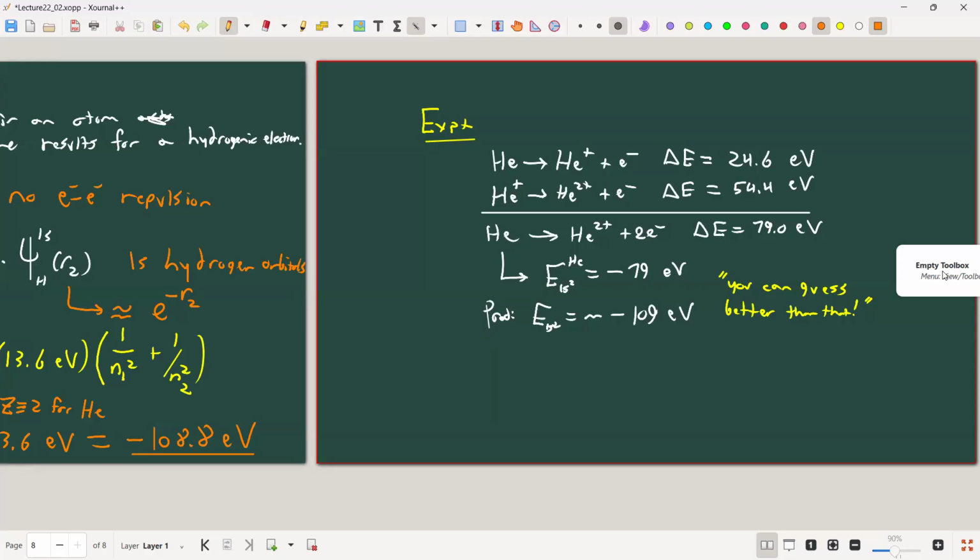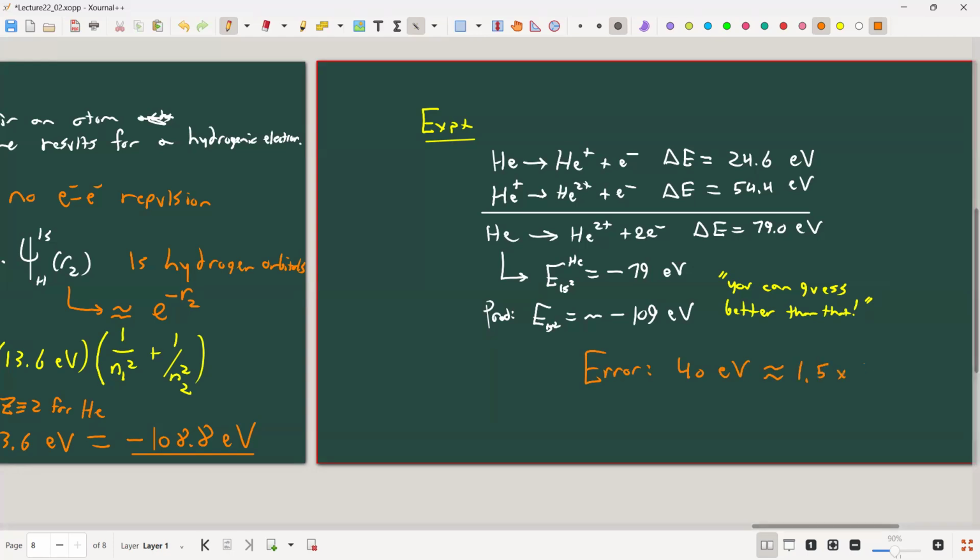We're off by 40 eV, which is about 1.5 times the ionization energy of hydrogen. I would call that a huge error. We're off by 1.5 hydrogens' worth of energy.